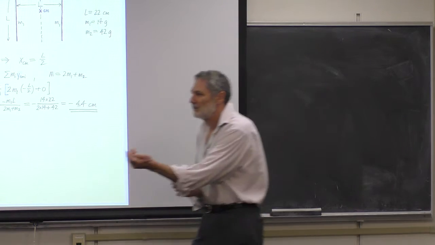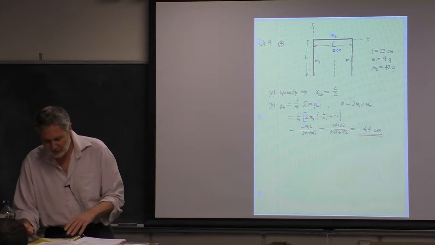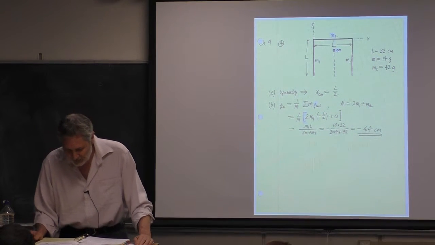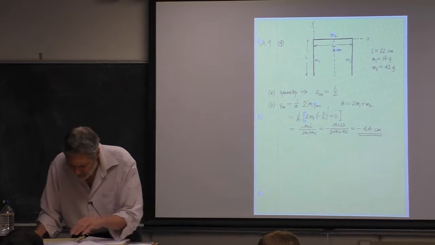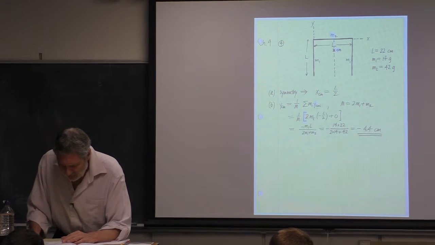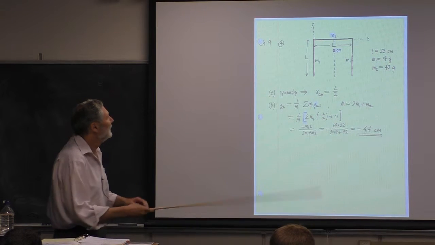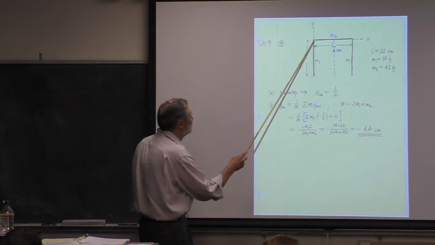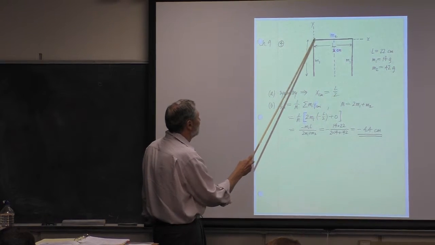Okay, so we have a problem set today. It begins with a couple of center of mass problems. The first one is number 4. We've got this upside down square U here, by square I mean right angle.